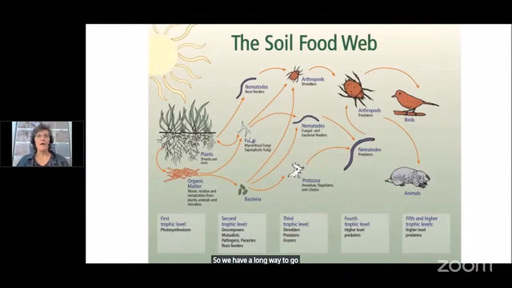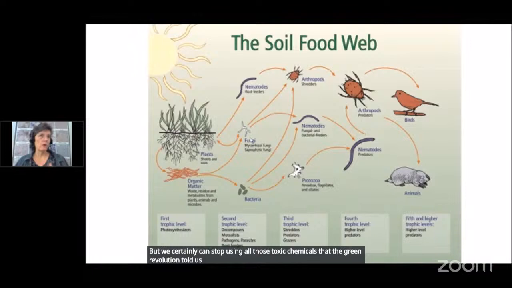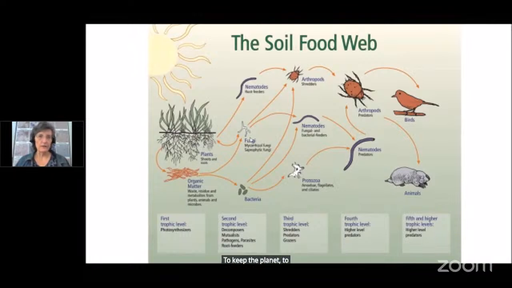We don't know everything yet by a long shot, but we certainly can stop using all those toxic chemicals that the Green Revolution told us is the only way that we can grow enough food to keep human beings fed on this planet. And that's absolutely not the case.